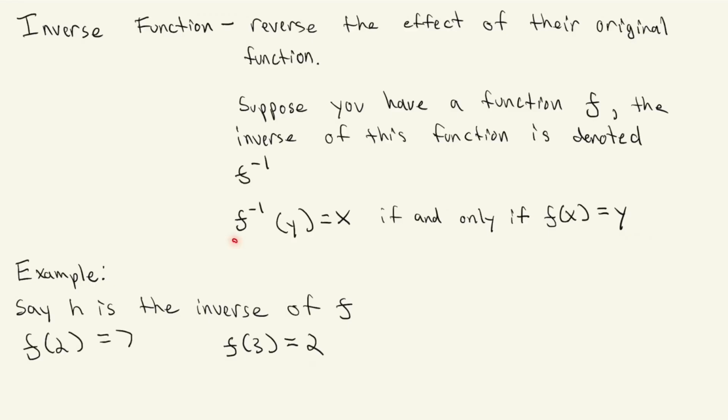And in an inverse function, when you put that output y, it's going to revert it back to x. It's going to give this x as now the output value. So for h, which is, again, the inverse function of f, when you put 7 into h, you're going to get 2. And when you put 2 into h, you're going to get 3.